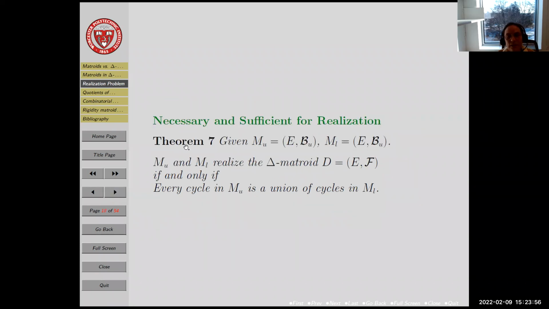And so now we have necessary and sufficient conditions for realizing upper and lower matroid as the upper and lower matroid of a delta matroid, namely if and only if every cycle in the upper matroid is the union of cycles in the lower matroid.